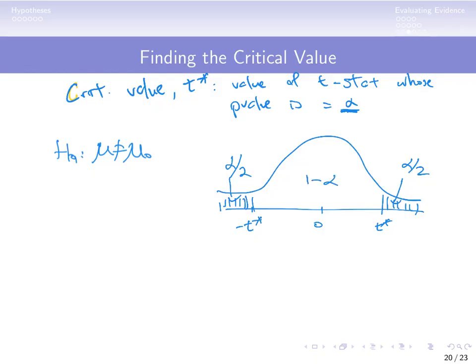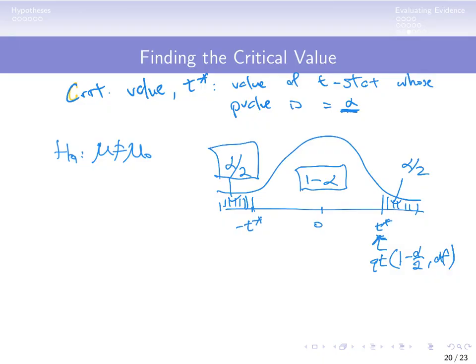So the area in the middle is going to be 1 minus alpha. How do we find this t star? Well, we can type in qt. Instead of finding the proportion, we know the proportion and we're trying to find the corresponding value of the distribution. This percentile is now 1 minus alpha plus alpha over 2, so we get 1 minus alpha over 2, comma degrees of freedom. That's how we derive the value of t star for a two-sided test.